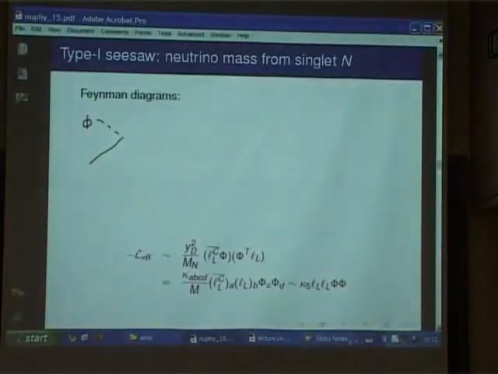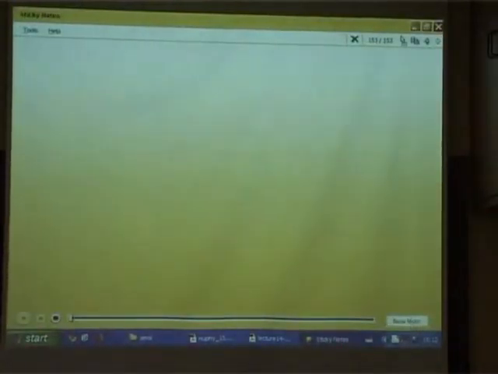So I am now trying to look at something like this. This is a phi, and this is an SU(2) doublet. Spin up part. This is an SU(2) doublet. So when I combine them, what should I get? It's like combining spin half and spin half particles. So I get a spin 0 particle and I get a spin 1 particle.